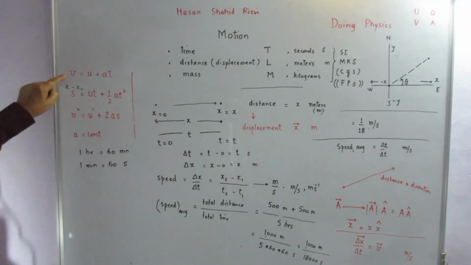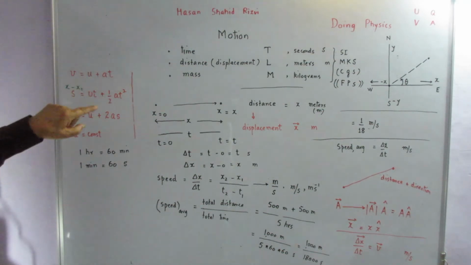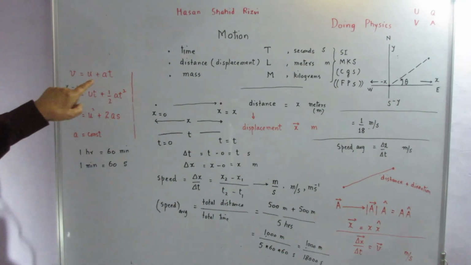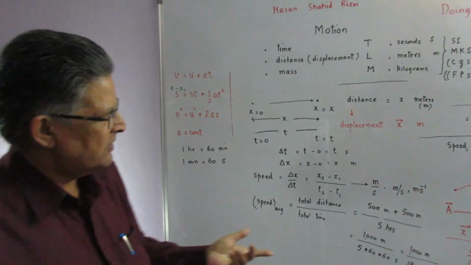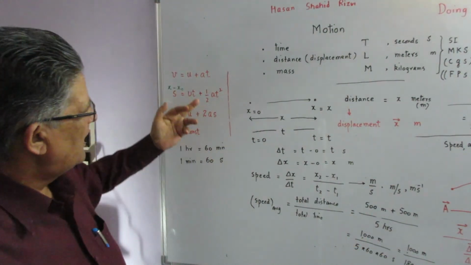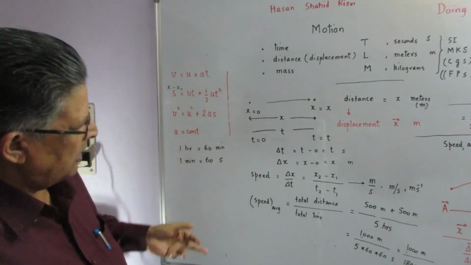Here the velocity is not a vector, but only the magnitude of the velocity, either at any time t or initially, and acceleration a. All these things have been taken as scalars to make you understand in the beginning how things go.